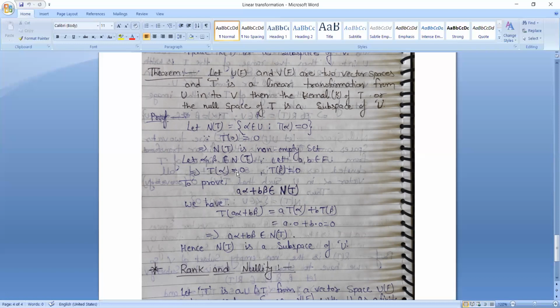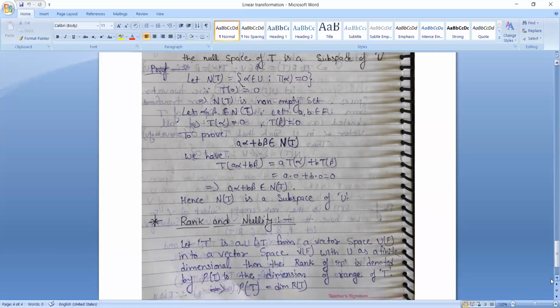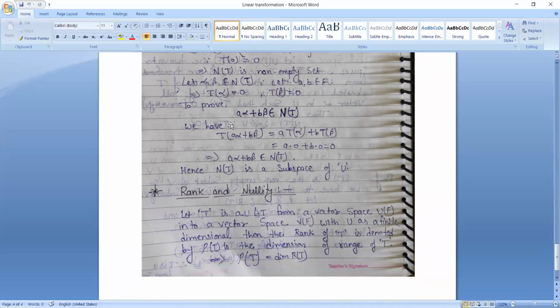Let α, β belong to N(T) and a, b belong to F, such that T(α) = 0 and T(β) = 0. Now we have to prove aα + bβ belongs to N(T). We have T(aα + bβ) = aT(α) + bT(β), but T(α) and T(β) are 0. So T(aα + bβ) = 0. It means aα + bβ belongs to N(T). Hence N(T) is a subspace of U.